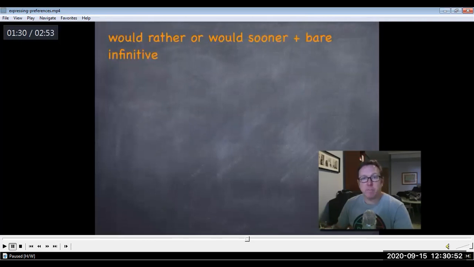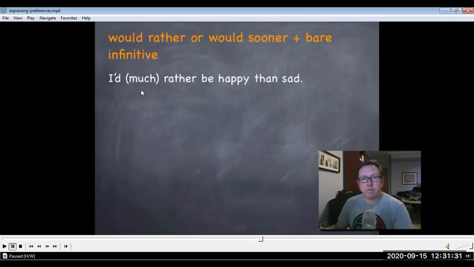So here is the third structure, And third structure is would rather or would sooner. Okay, plus bare infinitive means infinitive with not. Okay, the sentence carries the word not, so you will express that something is not going to happen or something is not true. So you will call them also the negation sentences, the sentences that contains the word no. So here you can say I would much rather be happy than sad.